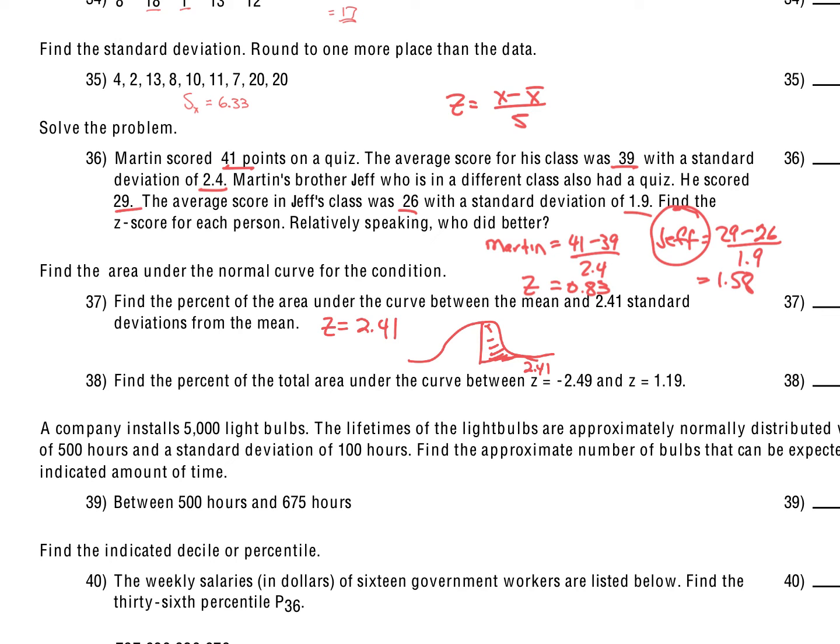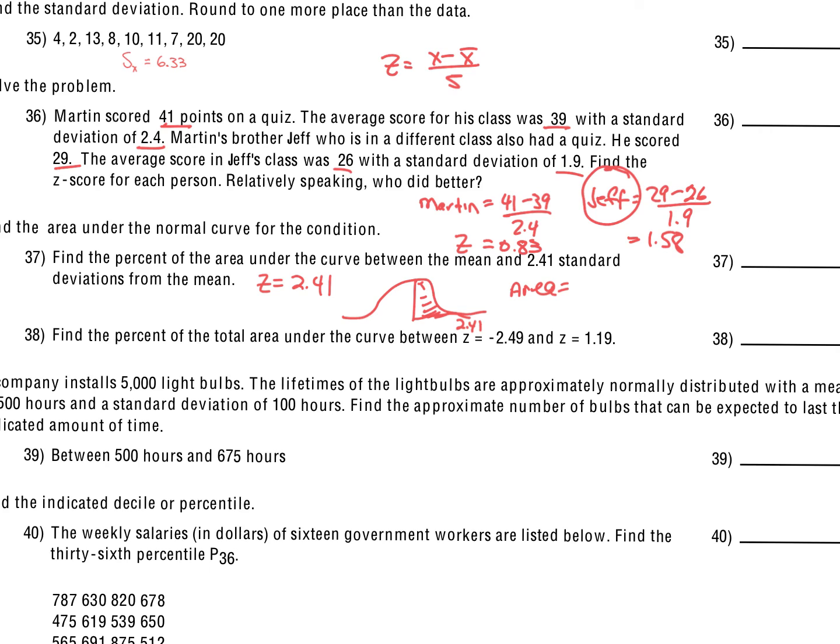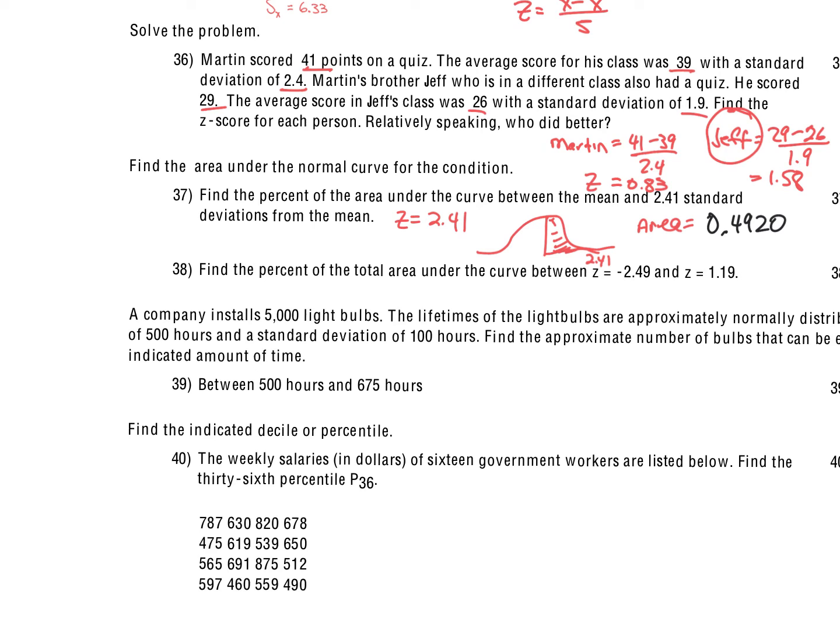So using a table to get that, for a Z-score of 2.41, the area is 0.4920 from the table.